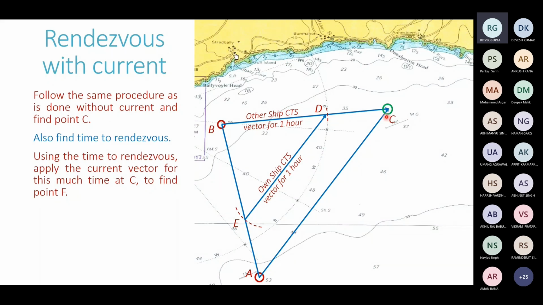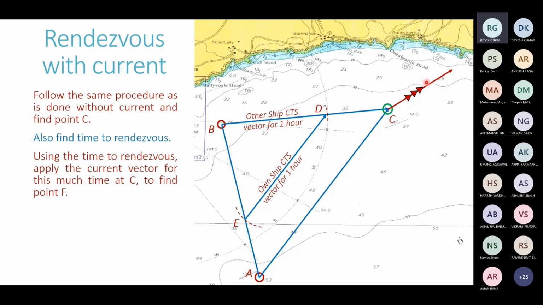Okay. So I'm going to apply the current vector now to point C. The direction of this current vector is the set of the current, which is given in the question. The length of this vector is the drift of the current in 3 hours, the duration we calculated as time to rendezvous. Current is represented by 3 arrows, so let's plot the 3 arrows here.